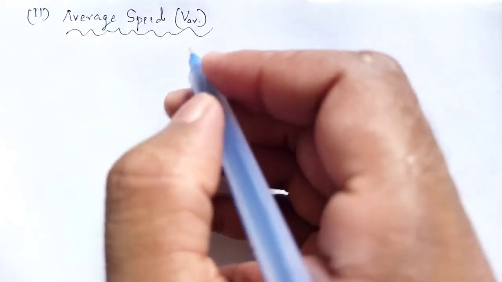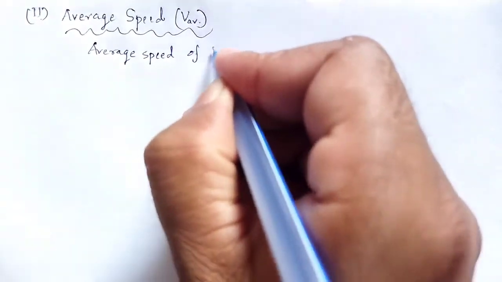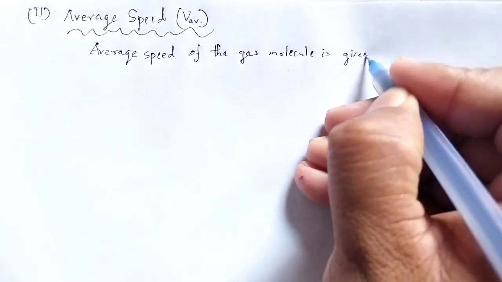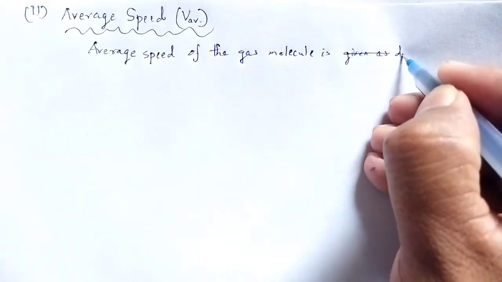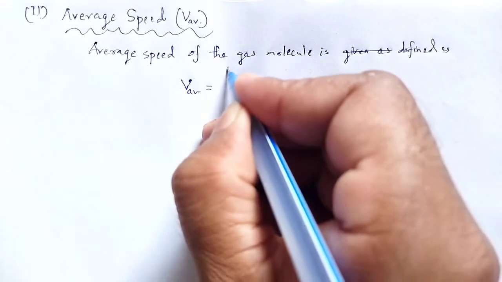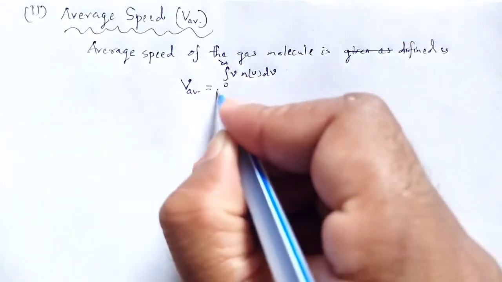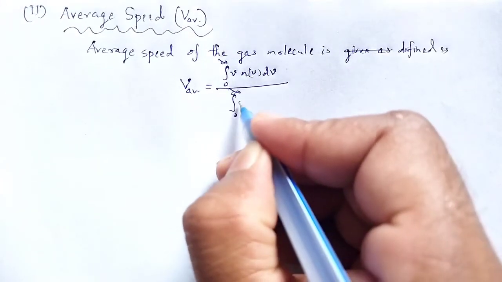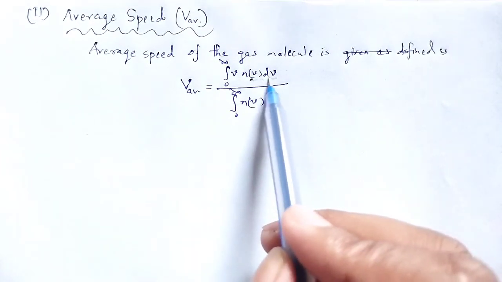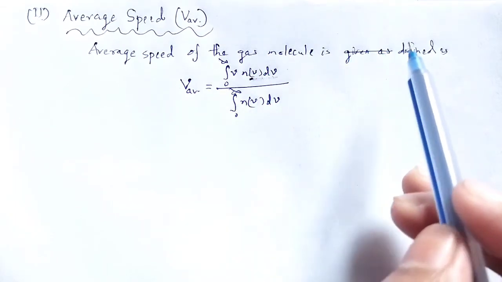The average speed of the gas molecule is defined as v average is equal to integration from 0 to infinity v n_v dv divided by integration from 0 to infinity n_v dv. Here n_v dv is the number of molecules in the velocity range v to v plus dv, and the denominator is the total number of molecules.